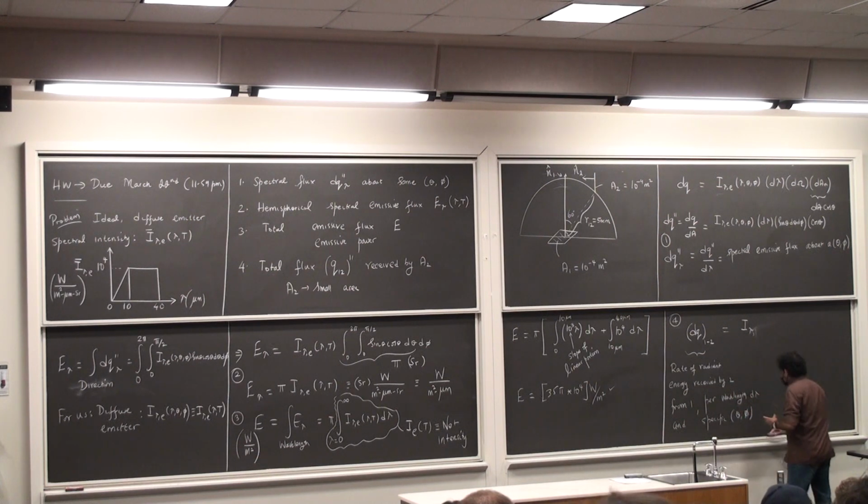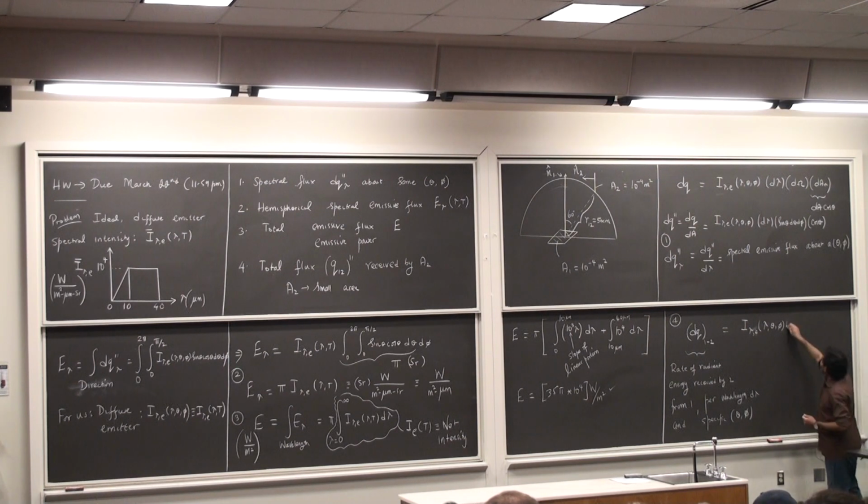But for the time being, this is our approximation, lambda comma theta comma phi. All these shenanigans here. Then I have d lambda. Watch out, d omega 1 to 2.